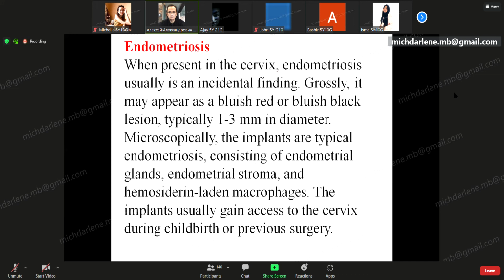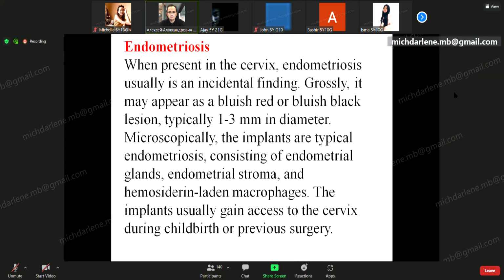There could be endometriosis of the cervix. We had the lecture about endometriosis and the theory of retrograde passage of blood, the main theory for the formation of endometriosis, which can tell that ectopia of the endometrium could be inside the cervix too.